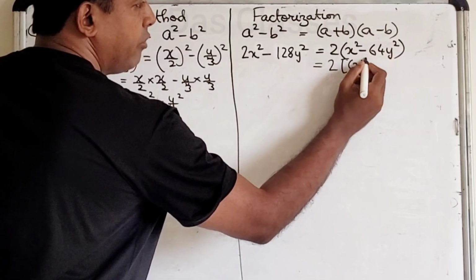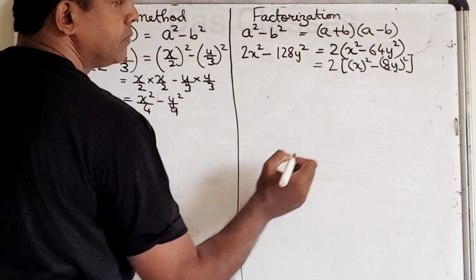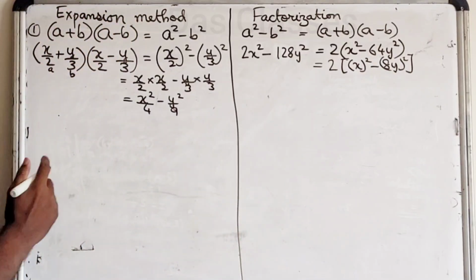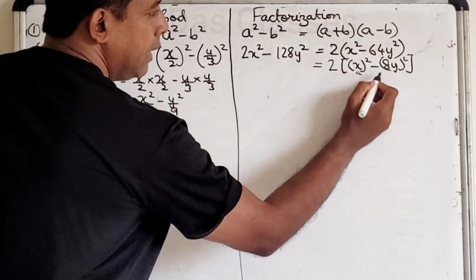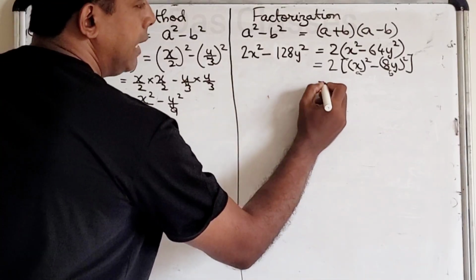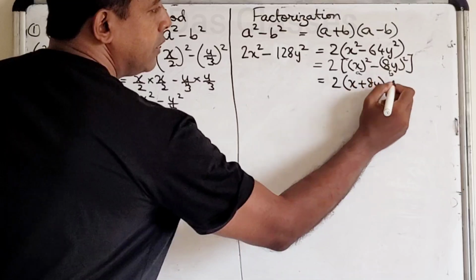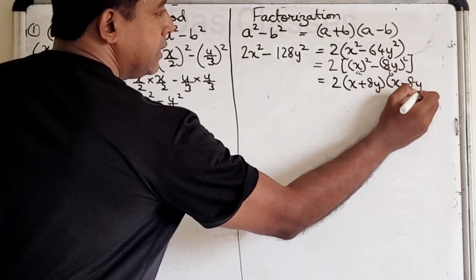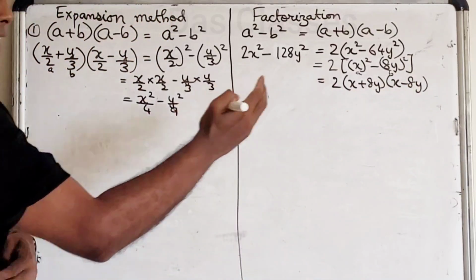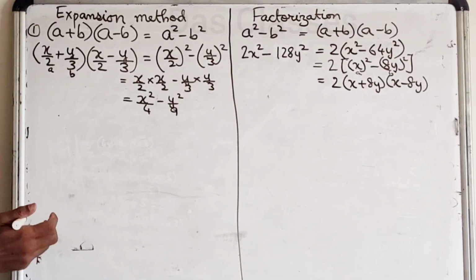In the form of x square minus (8y) square. This is a and this is b. According to the formula, a square minus b square is (a plus b)(a minus b), that is (x plus 8y)(x minus 8y). Even if you write the minus first and plus later, it is one and the same thing.